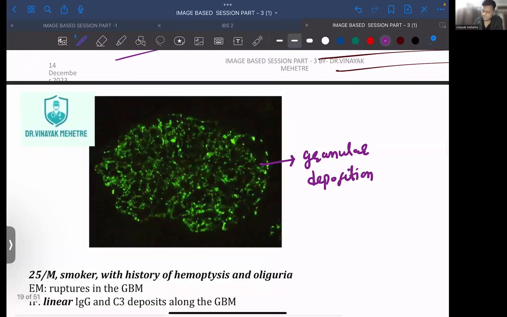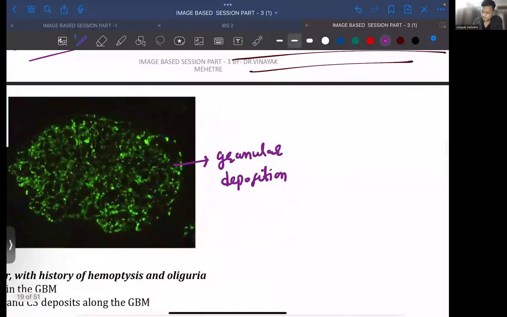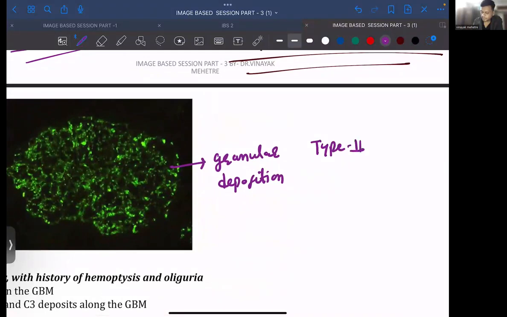Where do we see it? We will see it in type 2 RPGN. Okay, now comes type 3 RPGN. We are not going to see any kind of deposition. That is called no deposition.